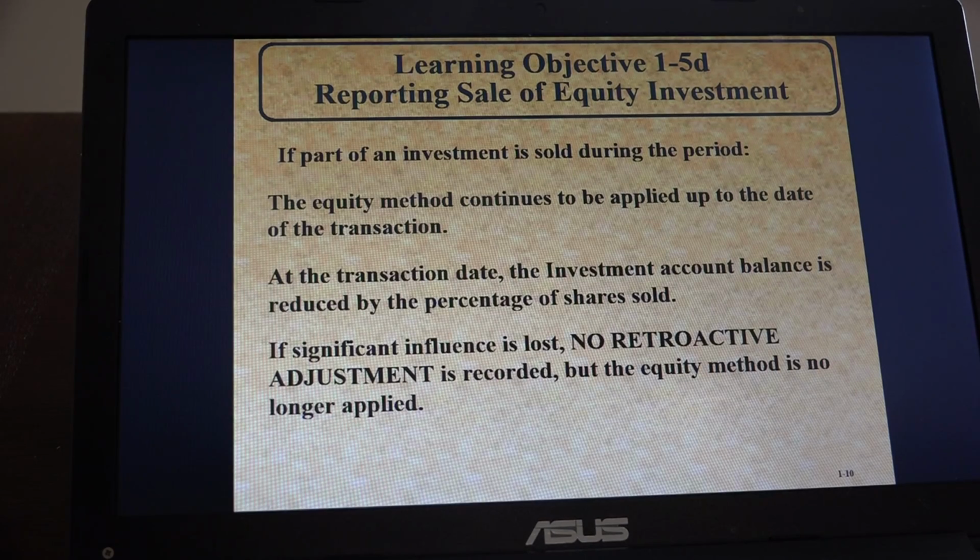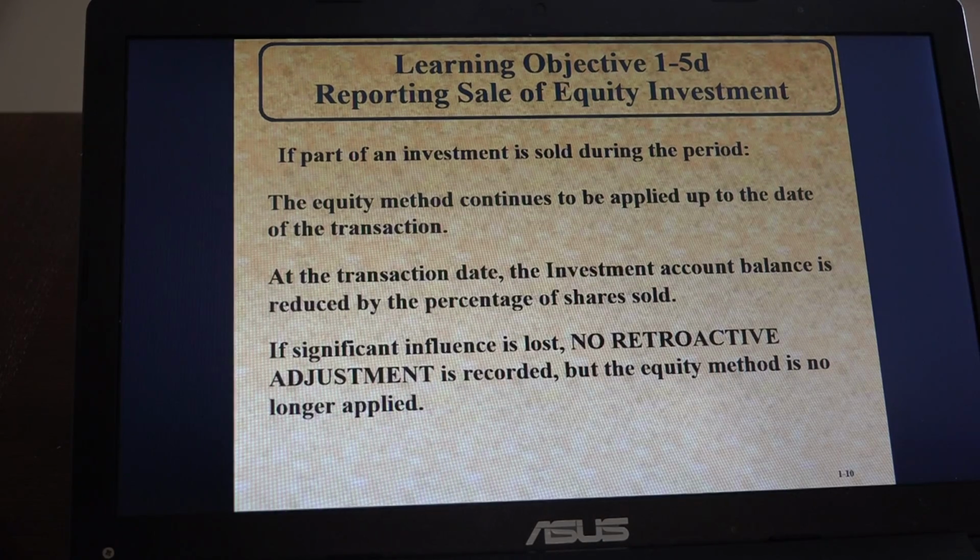Well, here's an important point. If you go from having the ability to significantly influence the investee company to where you've sold enough stock that you no longer have significant influence over operations, so let's say you go from 40% down to 10%, do you have to make a retroactive adjustment as to the equity basis?